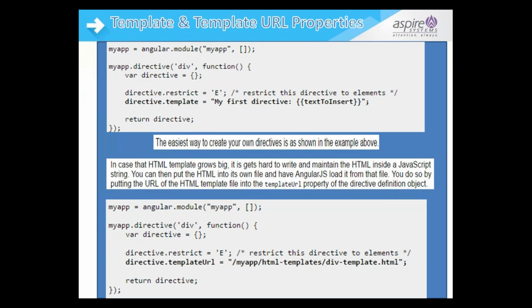So here I have used template, here I have used templateUrl. So my first directive, this double-quoted text, is my HTML content. But here I have moved it into a div.template HTML file and given its path.